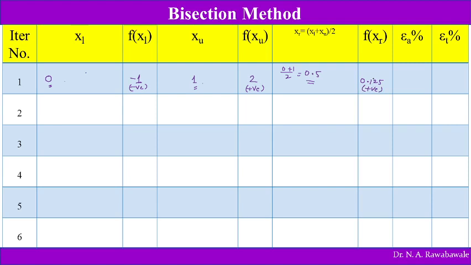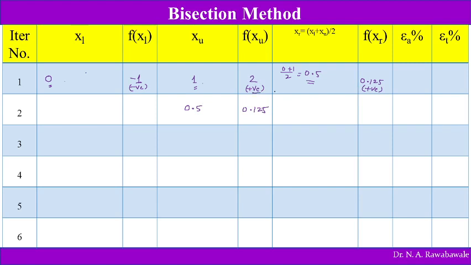Now this function value is positive, so it replaces the positive function value. So this 0.5 we write here as the fresh approximation, and the function value is 0.125. Why are we taking it here?